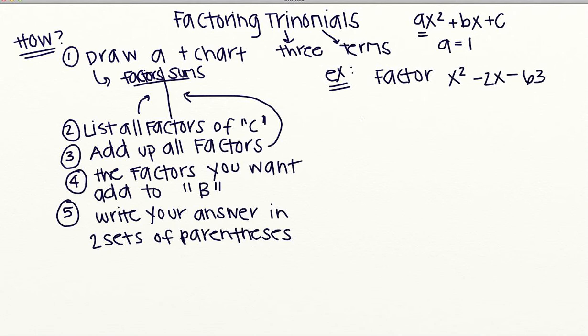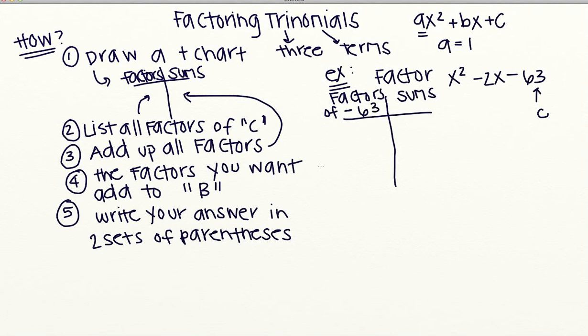Okay, so step 1, I'm going to draw my T-chart just to keep myself organized. And here, I'm going to do my factors. And here, I'm going to do my sums. Okay, so step 2 is list all the factors of C. So our C term is this one. It's the one that's just a number without a variable. So here I'm going to list factors of, and we have to remember that sign, negative 63.